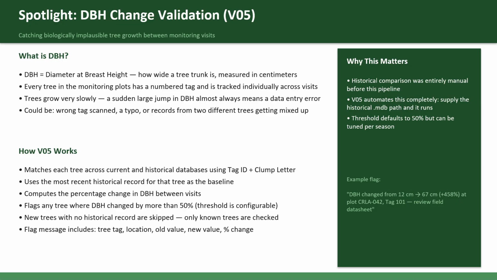This validation matches each tree across the current and historical databases by tag ID and clump letter, finding the most recent baseline and flagging anything over that threshold. And with 3 or more historical visits, it can use linear regression to project the expected value and flag based on the standard deviations, which is much more precise than a flat percentage.